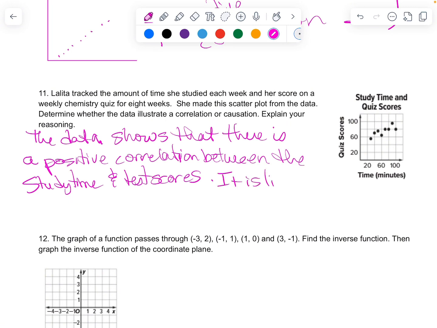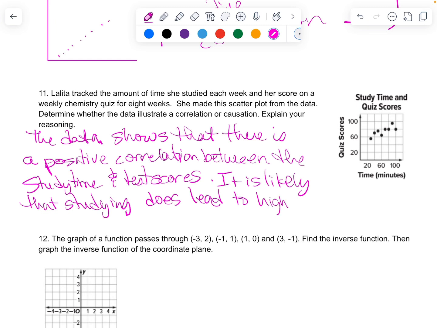It is likely that studying does lead to higher scores.